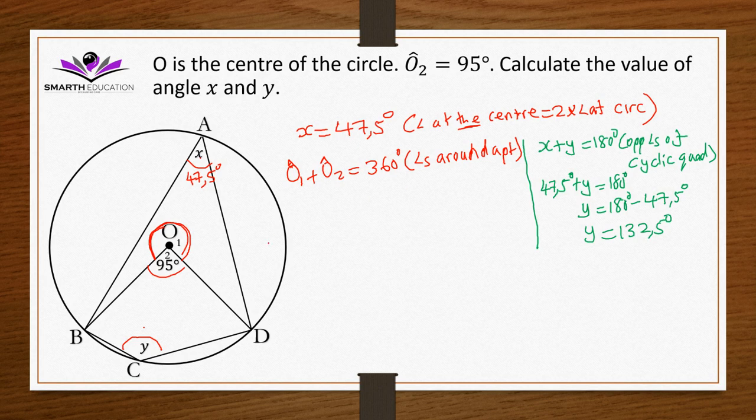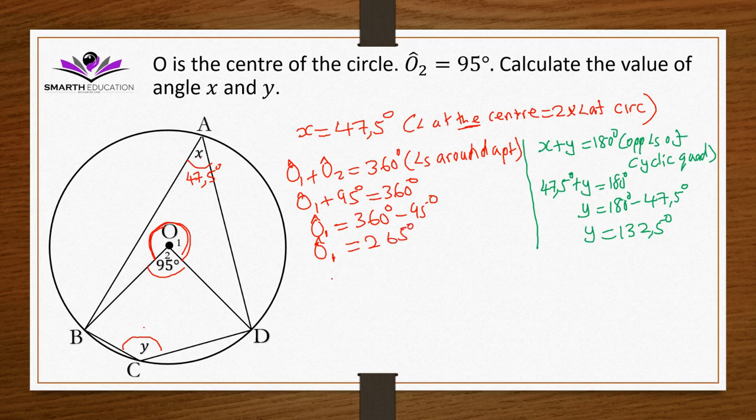We have O2, so O1 plus 95 degrees is equal to 360 degrees. Then we subtract 95 degrees from both sides of the equation. What do we get? We get 265. Sorry, this is only O1. Angle O1 is 265 degrees.